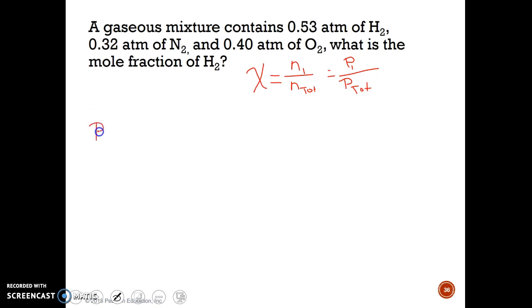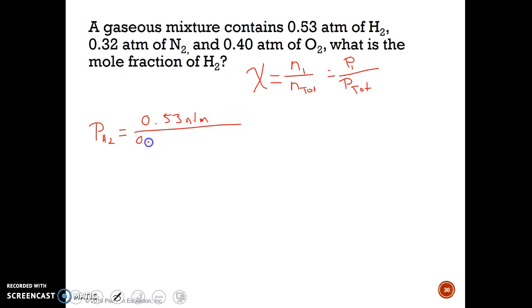So we know that we are looking for H2, and this is a problem on your worksheet. So H2 has a pressure of 0.53 atmospheres. And then our total pressure is the sum of the pressures of everything in there.